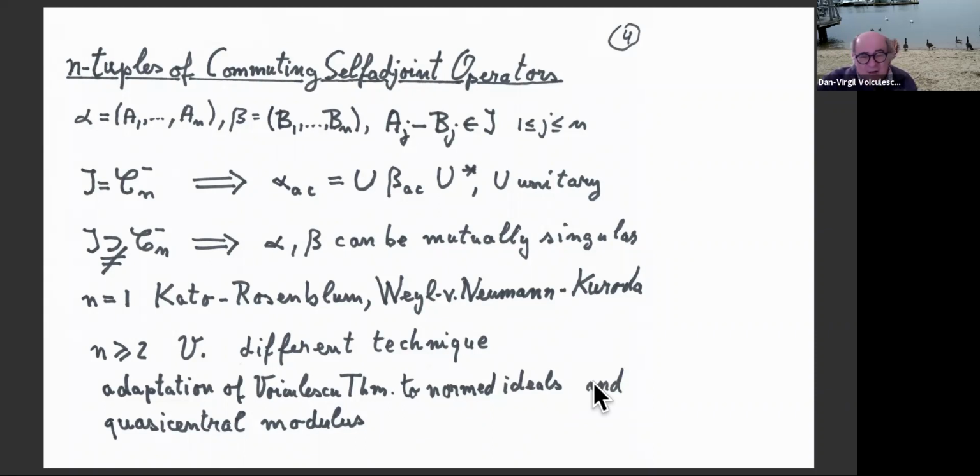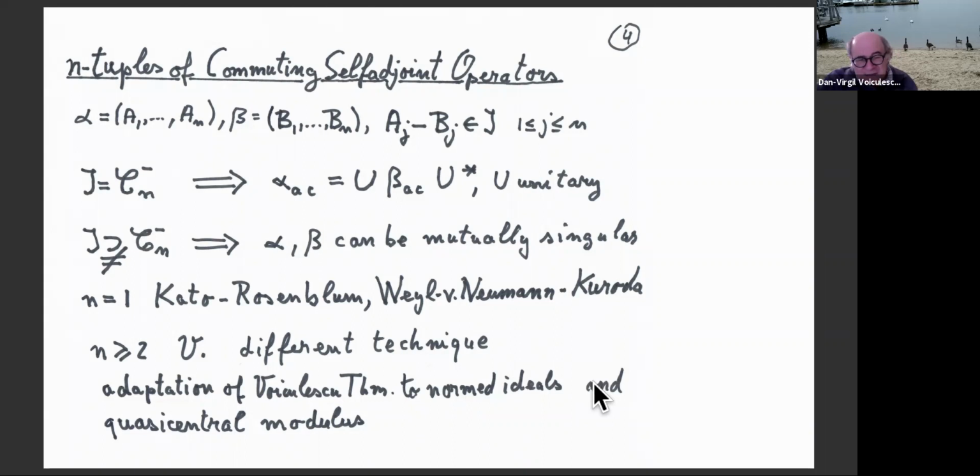So if N equals 1, the first result is the classical Kato-Rosenblum theorem. And the second one is the classical Weyl-von Neumann-Kuroda theorem. So Weyl-von Neumann is when the ideal is compact, then it is C_2, and Kuroda is all the ideals which are larger than C minus N. Now, I have generalized these things to N larger than or equal to 1, using a different technique.